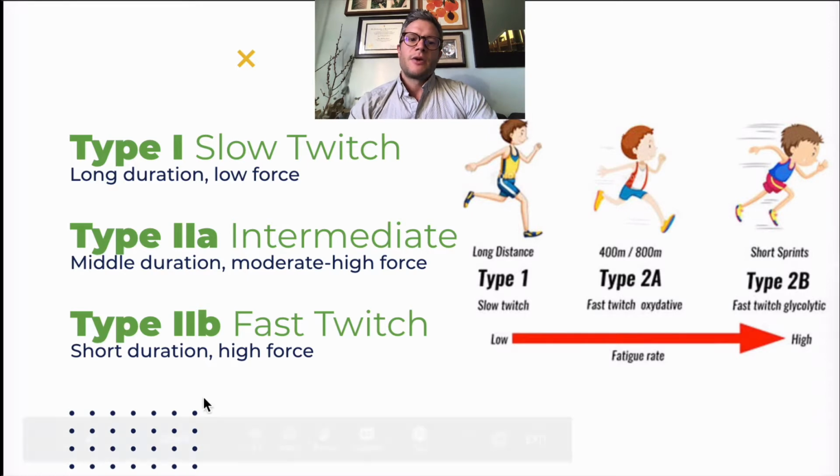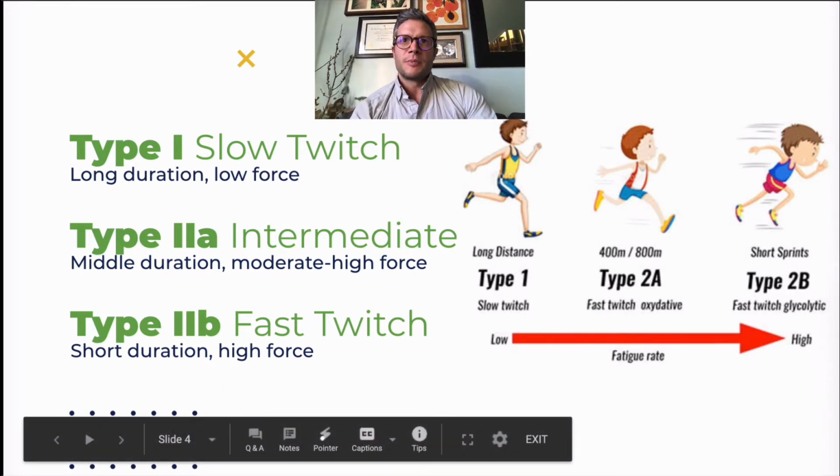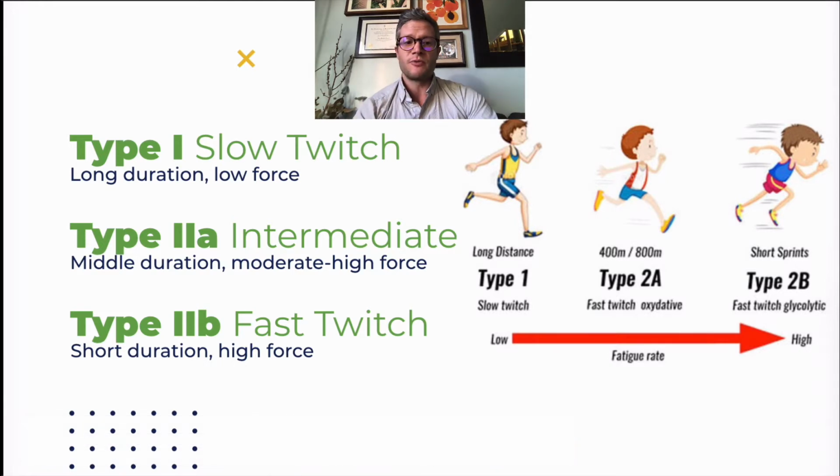Okay. On the other end, if you consider muscular strength, so maximum power output, maximum force, you need a certain muscle fiber that can produce a high amount of force, but you only need it for one repetition. So that's when you start looking at your type 2B, or what's more commonly referred to as fast twitch muscle fibers.